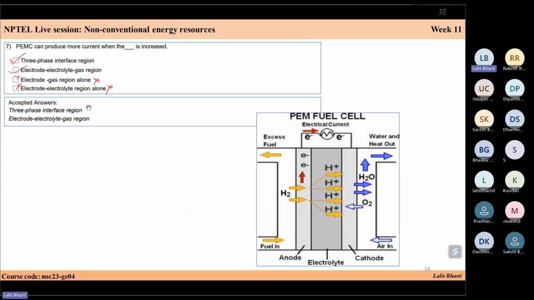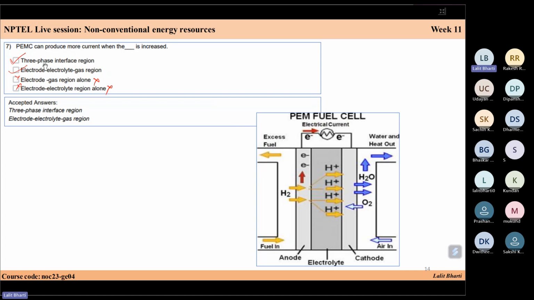Then we have the seventh question. So it says PEMFC can produce more current when the blank is increased. So PEMFC is basically the proton exchange membrane type of fuel cell. This is the schematic of the PEM fuel cell.